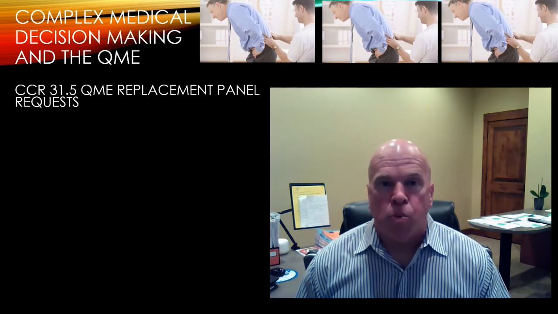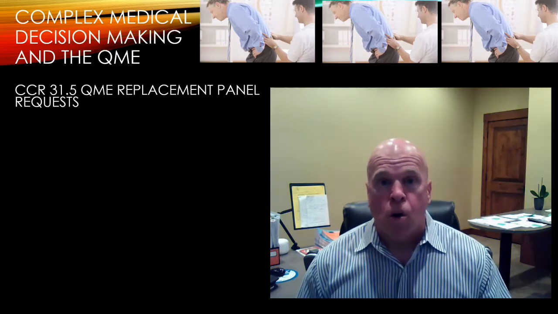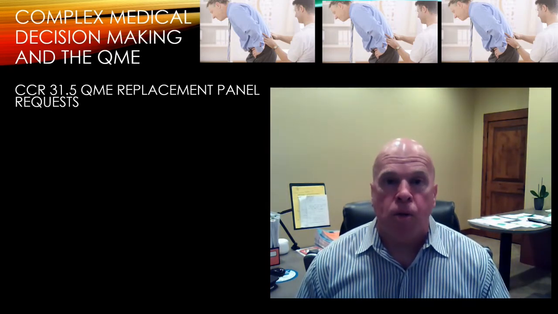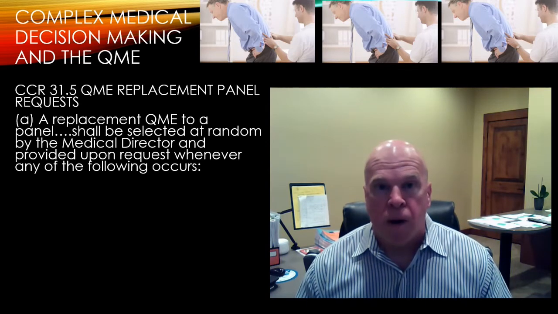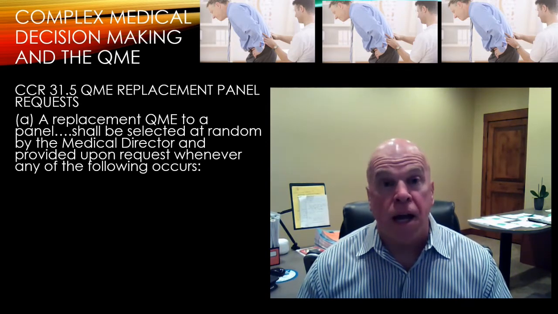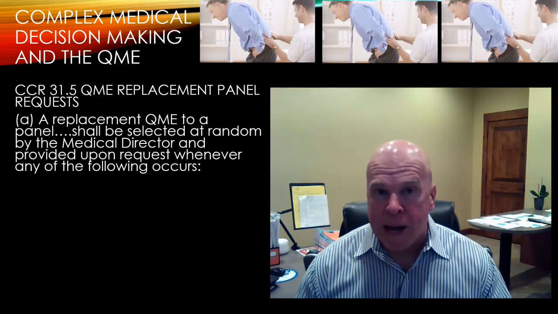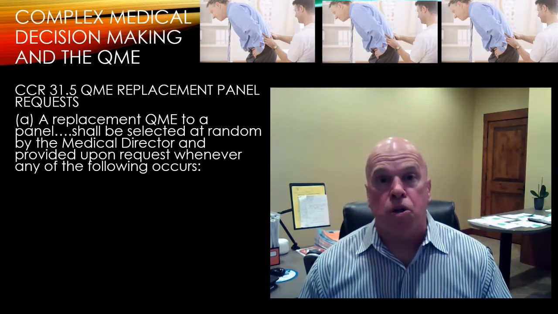Remember that when you provide for an alternative impairment rating under Alvarez and Guzman, that typically, not in every single case, but typically has the net effect of doubling, tripling, quadrupling, or in some way increasing the impairment rating compared to the impairment rating that's provided under the strict application of the AMA guides. So likely in this case, it was the applicant attorney that needed to find a Qualified Medical Evaluator who would at least consider that an alternative impairment rating was appropriate for his client. And he used the QME replacement panel process to replace this particular QME.